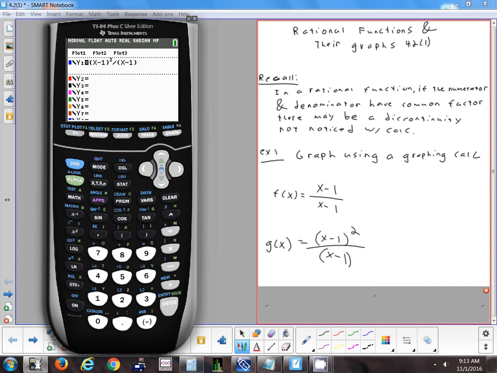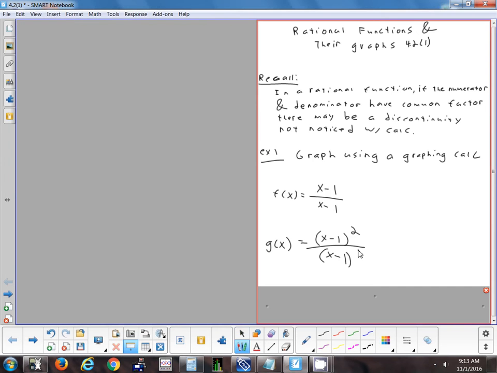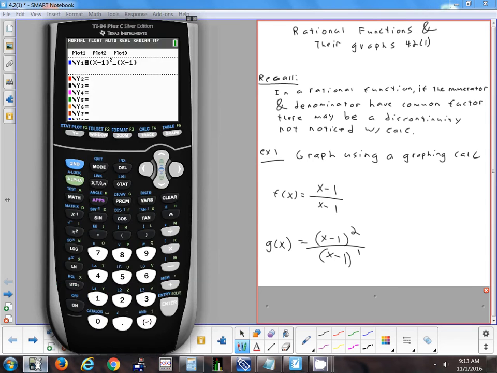So if you were to divide them, basically what's going to happen? 1 copy of x minus 1 is going to disappear from the bottom, and 1 copy from the top. So you're going to be left with basically something that looks like y equals x minus 1. It's going to be a line with a slope of 1 and a y-intercept at negative 1, thank you.